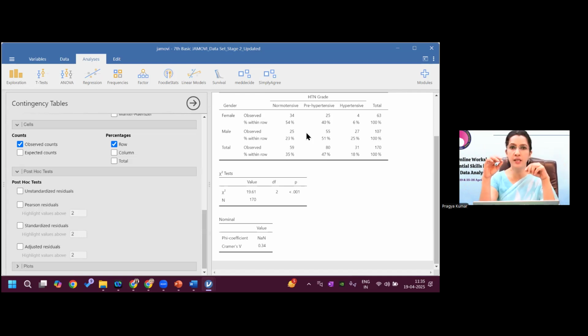So residual is like you are expecting, suppose, in a particular month, let's say, with a monthly expenditure. I'm just giving you an example because we have not prepared a slide for this residual and post hoc for chi-square.